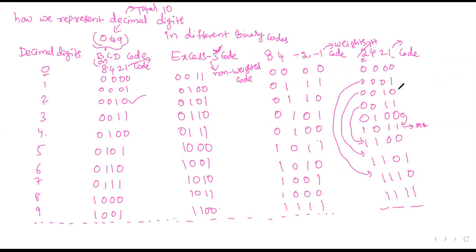Now coming here, this is the 2, and this is the 7. 2 is 0 0 1 0. By inverting these bits, inverting means changing 0 to 1 and 1 to 0. If you get the 9's complement of a number by inverting zeros to ones and ones to zeros, then it is known as a self-complementary code. So 2421 is a self-complementary code.